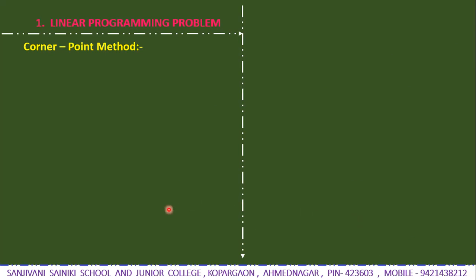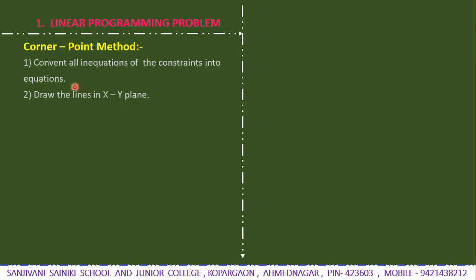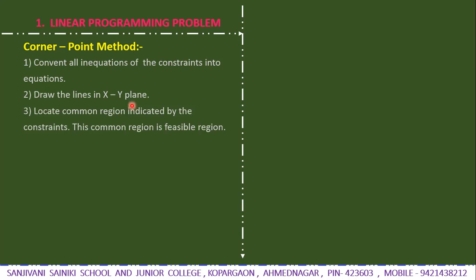Now, we will see the first method, the corner point method. What is meant by the corner point method to find the solution of the given linear programming problem? First of all, we will convert all inequations of the constraints into equations. Then in the next step, we will draw the lines in the XY plane.